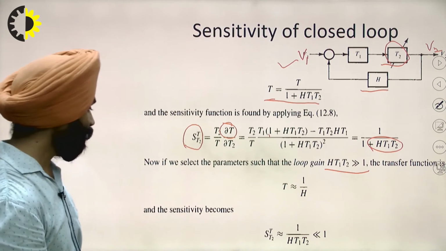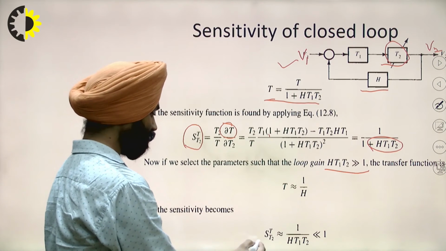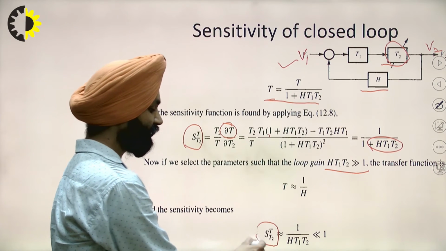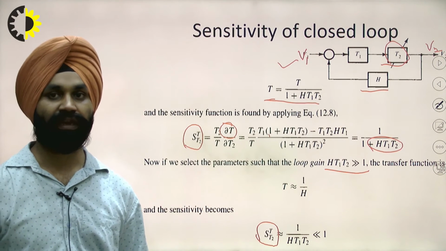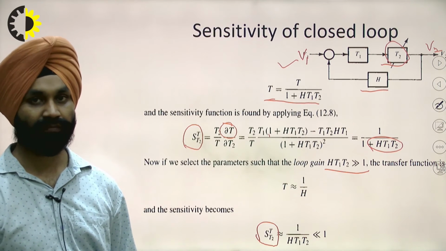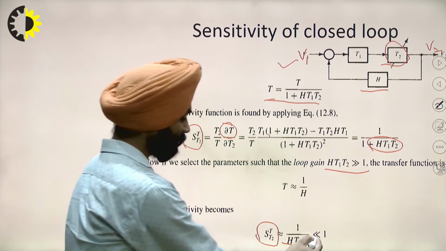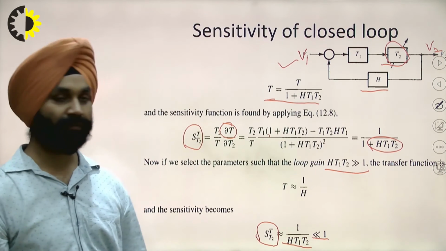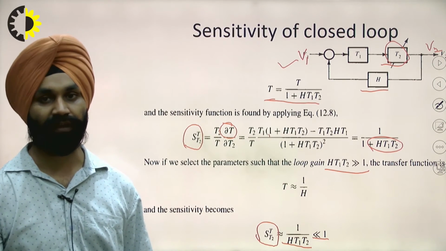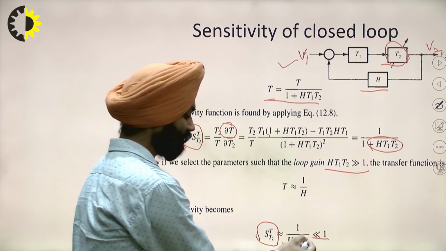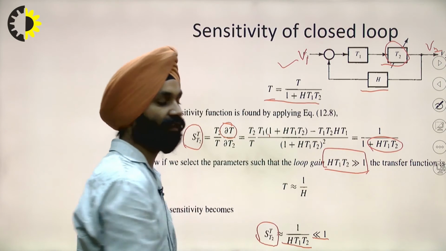So the sensitivity will become S of T with T2 as 1 upon HT1 T2, the total HT1 T2. This value will be much smaller than 1, because HT1 T2 is much greater than 1.